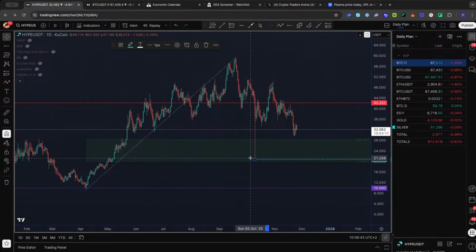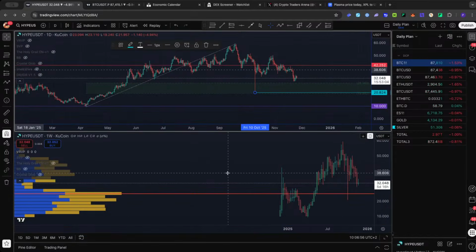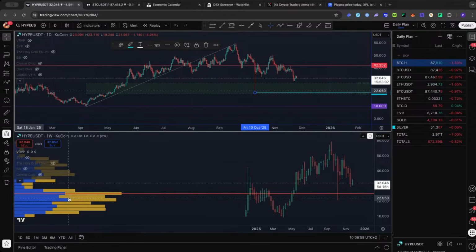And usually we SFU this level and then we form W's. I'm not saying that we cannot bounce here. On lower time frames you can trade something, but on higher ones, I don't see why. Look at the weekly chart below. Where is the POC? Actually, the POC is exactly in the long reload zone.